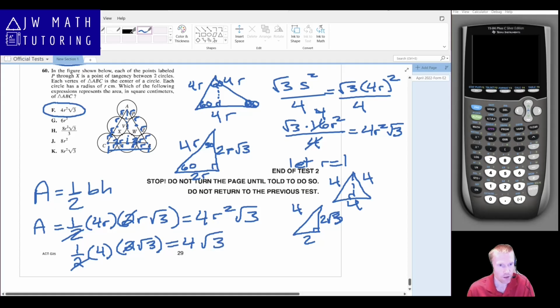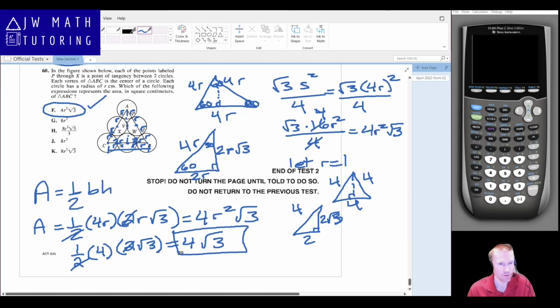So now we're going to take r and plug in the value of 1 that we chose, and we'll see which of these answers is equal to the 4 square root 3 that we calculated. So starting at the top, r squared is 1, 4 times 1 is 4, 4 root 3. So that one checks. Now we already know that's the correct answer, but if you didn't, you would keep that one and just move on to the rest.